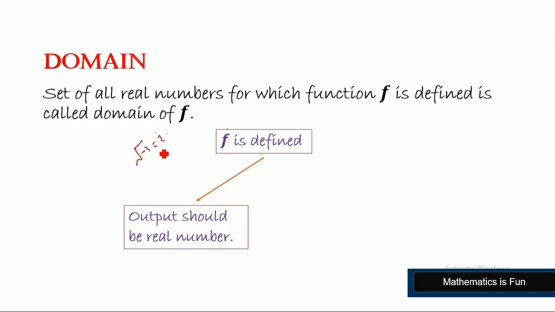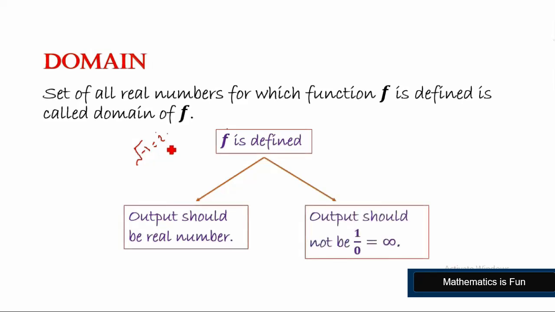So the output should not be a complex number, it should be a real number. Now the second condition is that the output should not be 1 by 0, which is basically infinity. So the output should be a constant, defined number, it should not be infinity.